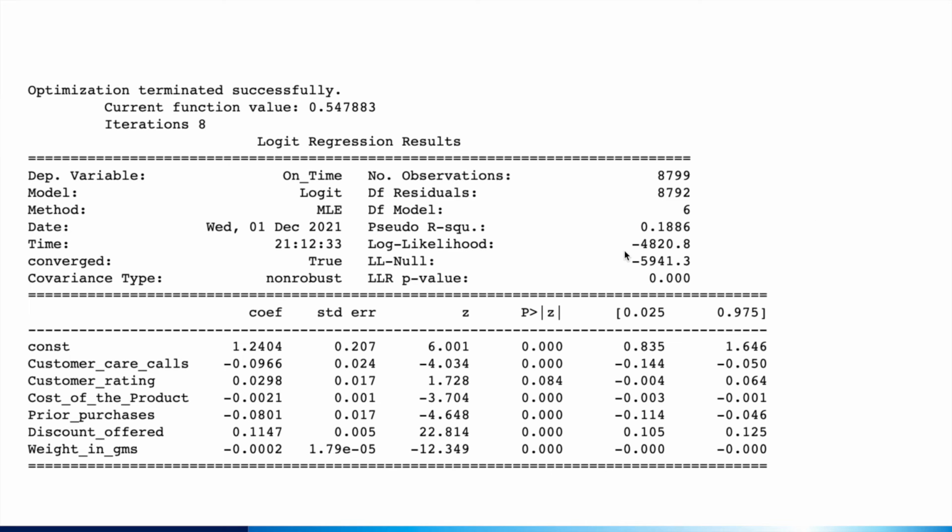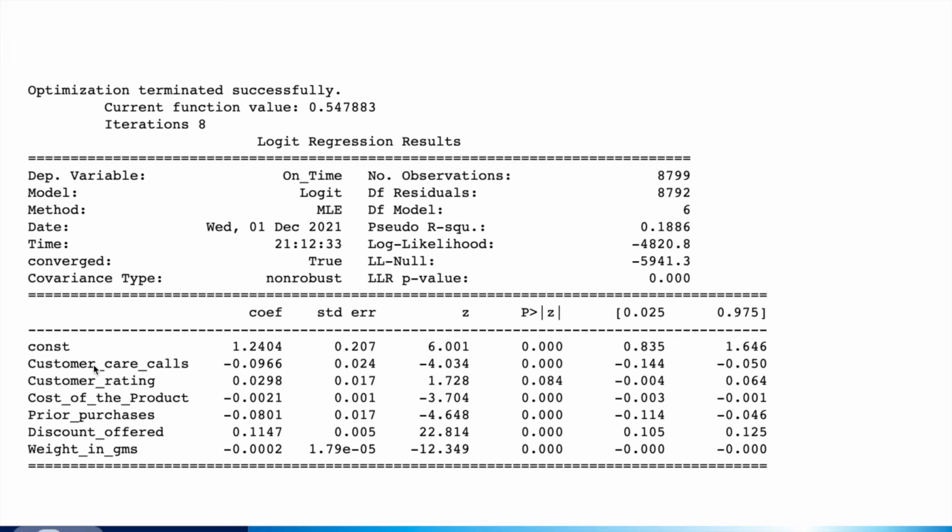And now we apply a logistic regression. The reason I use this model is that I want to find the relationship between the variables and my dependent variable, delivery on time.